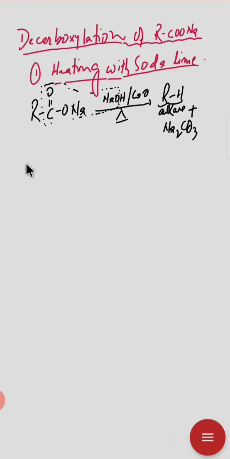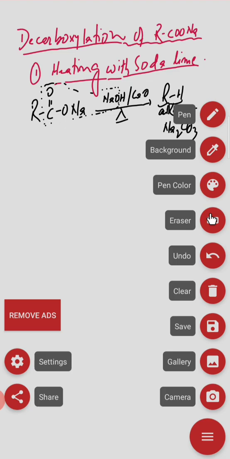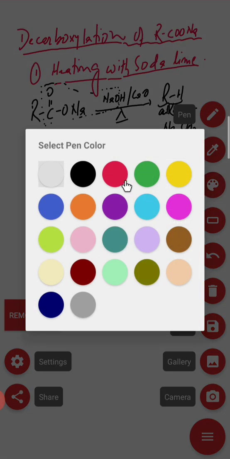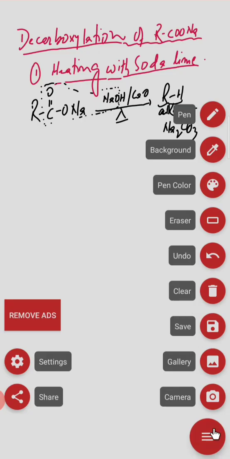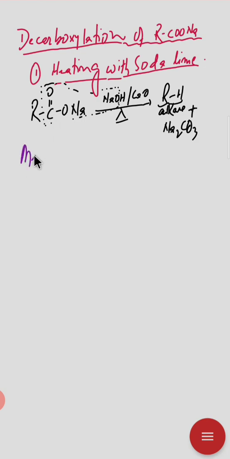Okay, let me write the mechanism here. Mechanism is very simple. Let me change the color. Okay, this is the mechanism of this reaction. So this is sodium carboxylate ion. This is the carboxylate ion. So this will be formed when carboxylic acid is reacted with sodium hydroxide, acid base type reaction, and I'm not writing sodium here.